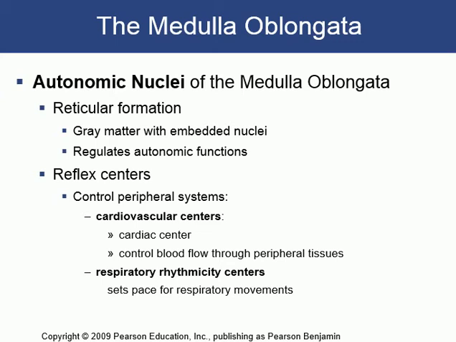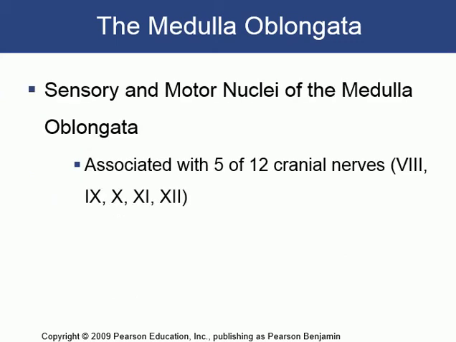The cranial nerves that come out of this: 8, 9, 10, 11, 12. So the last 5, from 1 to 12, come from the medulla.